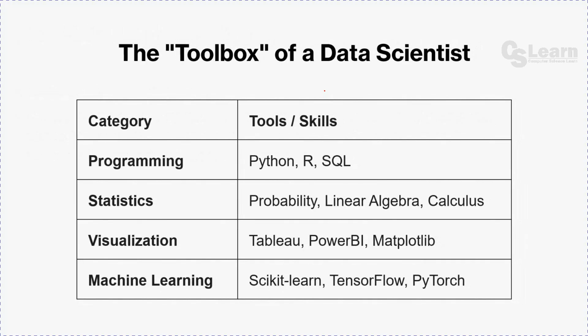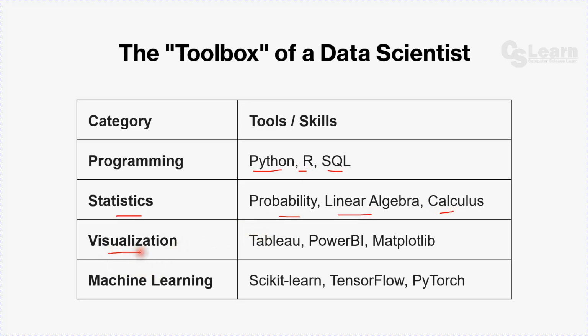And the toolbox of the data scientist. Here are the categories and the tool skills. If you want to become a data scientist, you need to learn programming languages. These are the very basic things: Python, R, and SQL. Statistics, probability, linear algebra and calculus are very important for a data scientist.